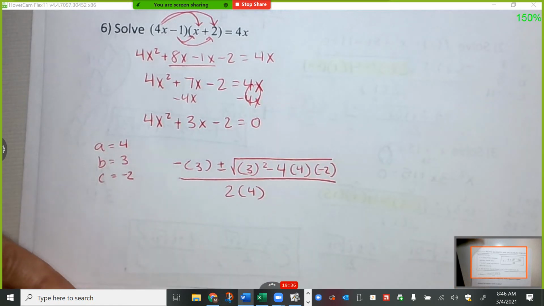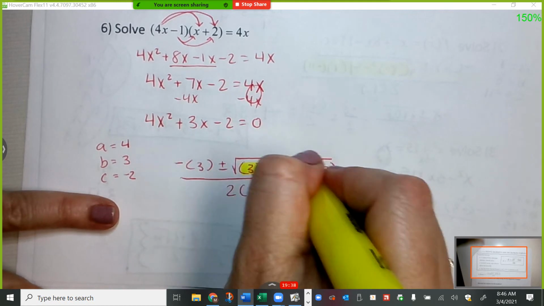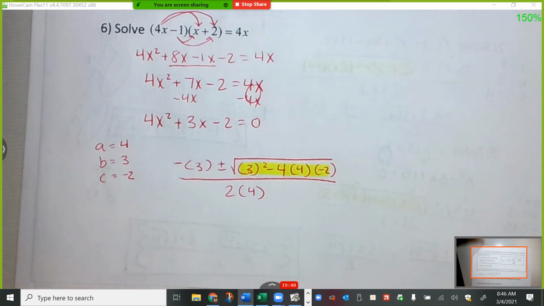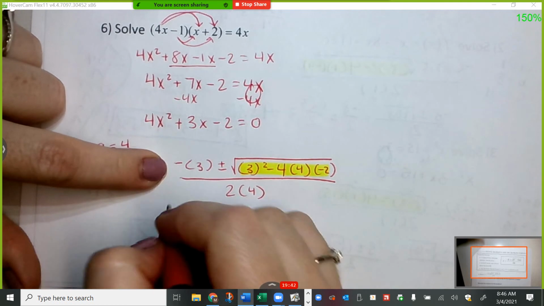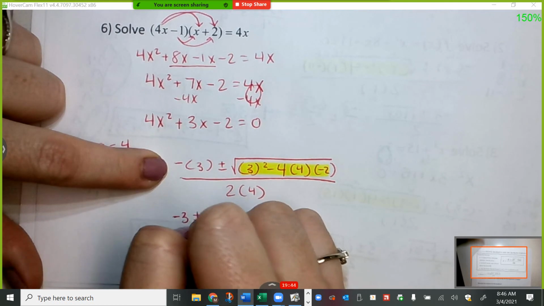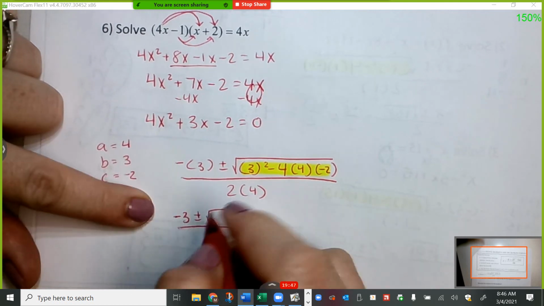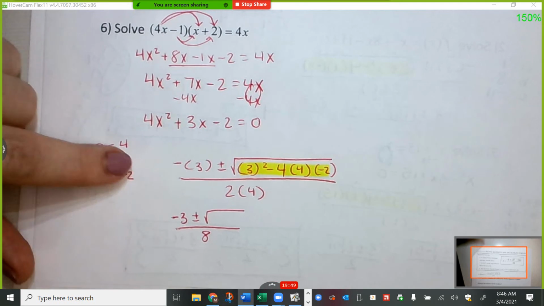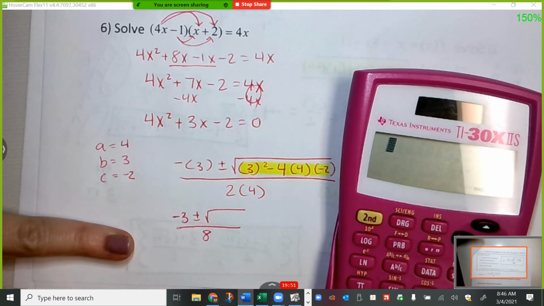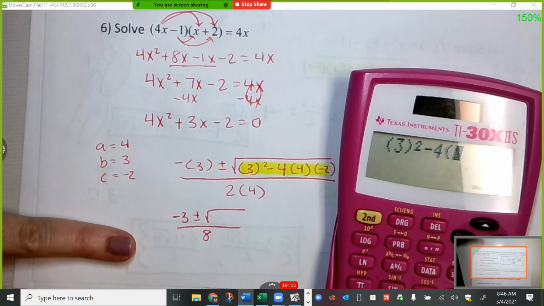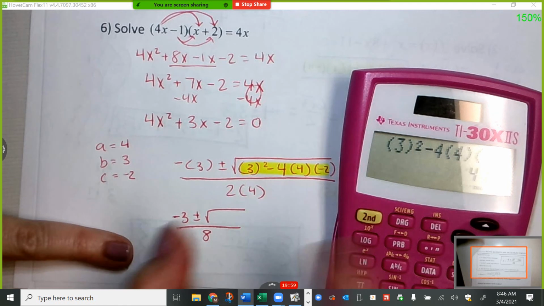And I'm going to simplify just what's under the house and the other 2 pieces as well. So this becomes a negative 3. This becomes 8. And then let's type what's under the house. And that gives me 41.